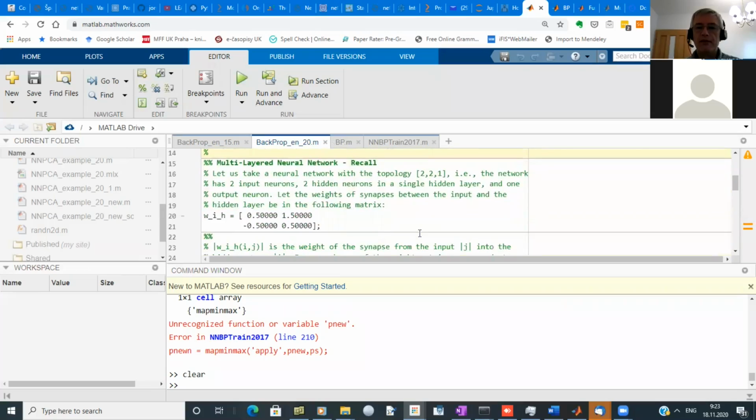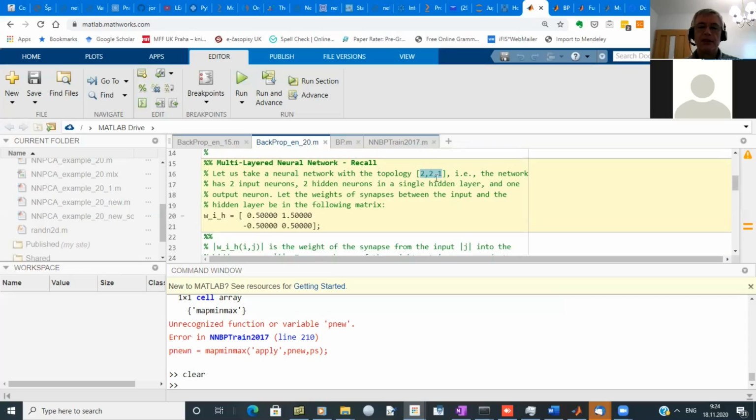And we will have a simple neural network with topology 2-2-1. This means the network will have 2 input neurons, 2 hidden neurons in one single layer, and 1 output neuron.